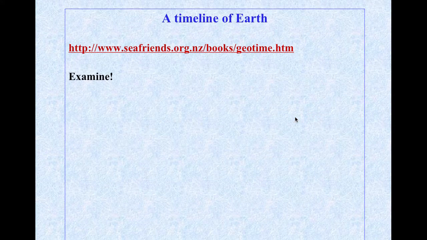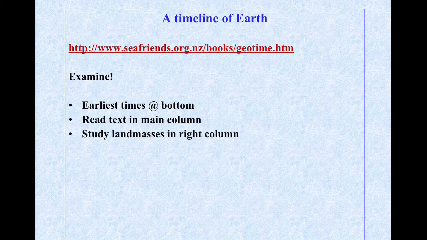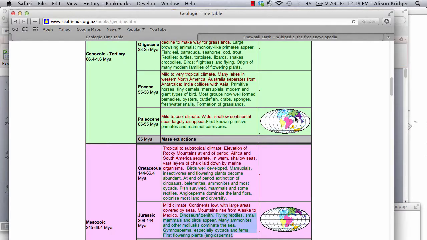So I want you to be familiar with this timeline. I want you to look at it. The earliest times are at the bottom. Read the text in the main column and study the land masses in the right column. And the reason why, of course, is that if you happen to grow up to be a person who's really interested in, let's say, the Cretaceous period and wondering what the climate was like at the time, then you have to also know what the land masses were like at the time, because this has an influence on ocean flow.